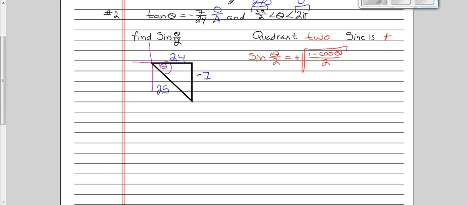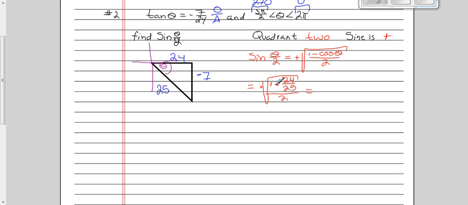So just be prepared to do some work. Alright, so let me fill in some values here. This is plus 1 minus, and my cosine value is adjacent over hypotenuse, so 24 over 25. That's still all over 2, still square rooted.